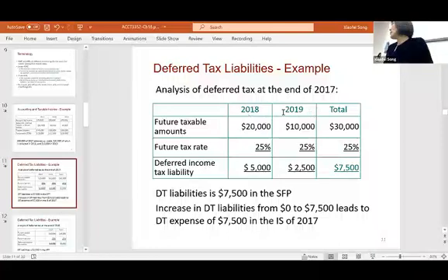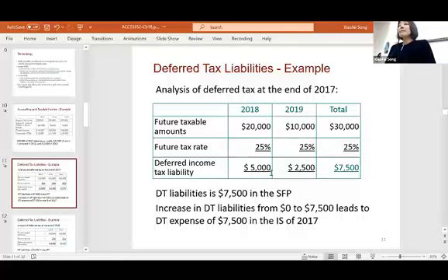So in 2018, the future taxable amount, this part of the taxable difference, will be reversed. So when this amount is added to future taxable income, that will result in a tax liability of 5,000.